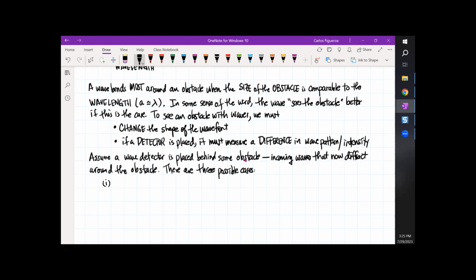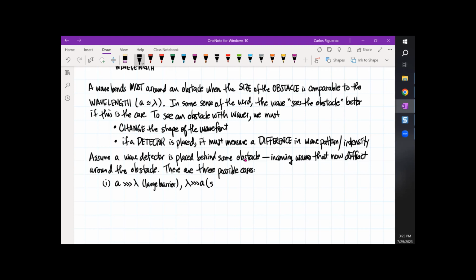One here, A is much, much bigger than the wavelength. So this is a gigantic, a very large barrier. The other one is that the wavelength is so much bigger than the obstacle.